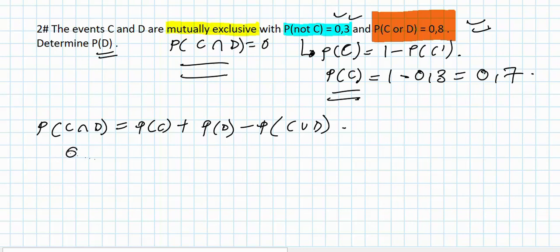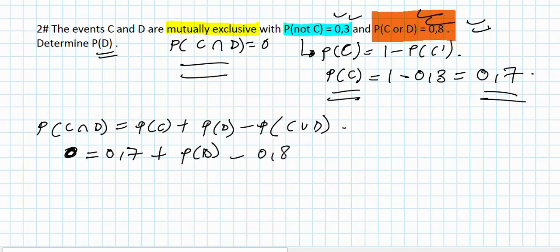Mutually exclusive, it's 0. It is equal to, what is the probability of C? I just found it here, 0.7. So 0.7 plus the probability of D, which is what we are looking for, minus the probability of the union. We have 0.8. Right.